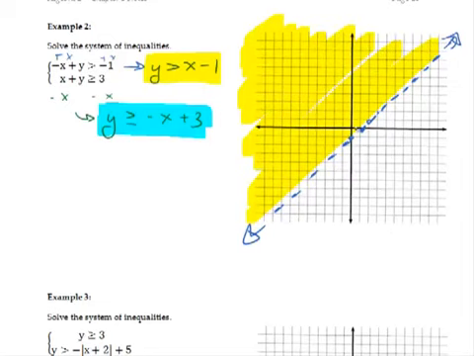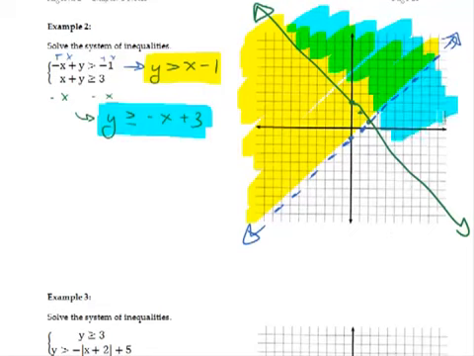For our second equation, we start at positive 3 and a slope of negative 1. And this one has a solid boundary line because of the equal sign, and it also says that it is shaded above.